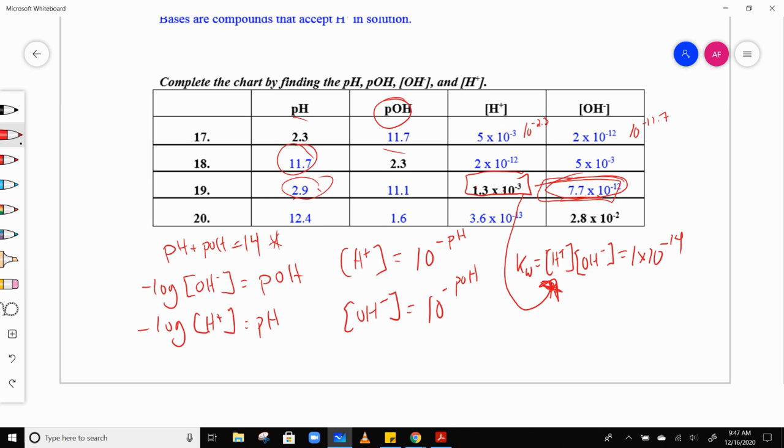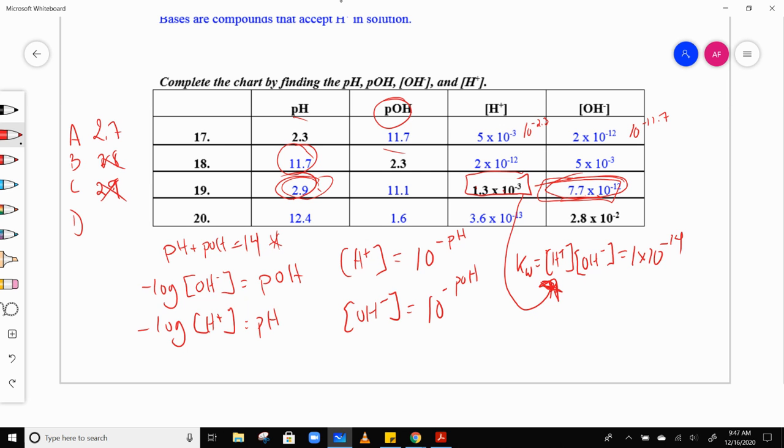On the quiz or on the test, if you get something like 2.8 or 2.7, just pick the answer that's closest to it. If your answers on the quiz are A, B, C, D, I didn't give you 2.7, 2.8, 2.9.